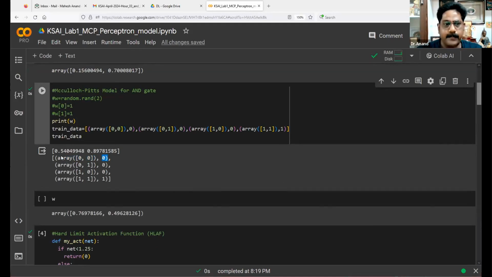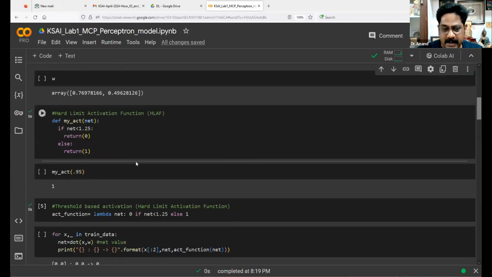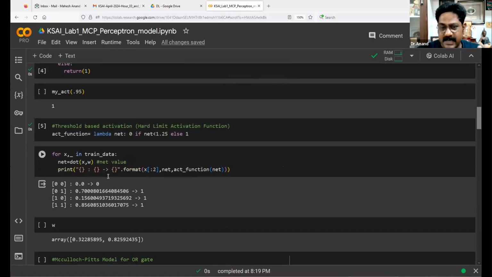Whenever you map this kind of data structure in a for loop, you have to pass two variables, because the first variable will map this one and the second variable will map the other. Anyhow, I'm not going to do anything with the target. So I need to feed my input, because x1 w1 plus x2 w2 needs to happen, isn't it?